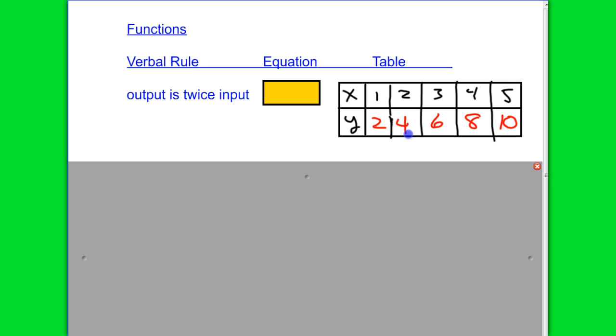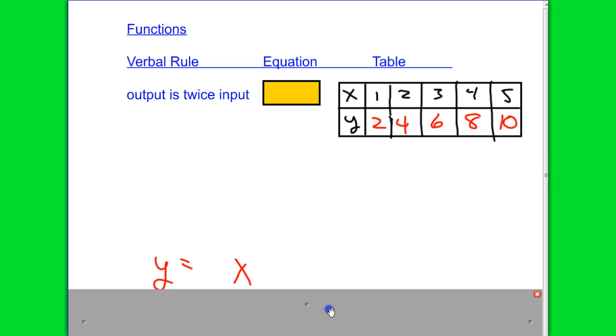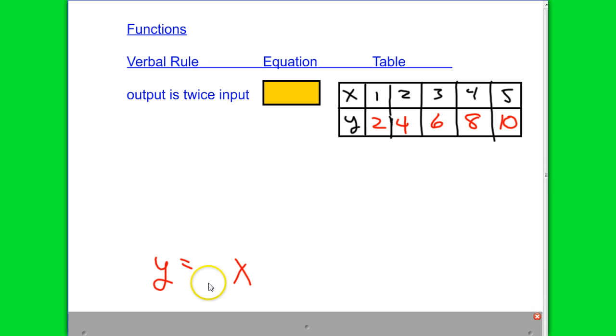So now, when asked to write the equation, we know we're dealing with 2 variables, right? So we know that x is the independent variable, so we're operating on it. And y is the dependent variable. So we can start with just a little model like this. Y equals what's happening to x, right? What operation was happening to x to create the output in each case here?